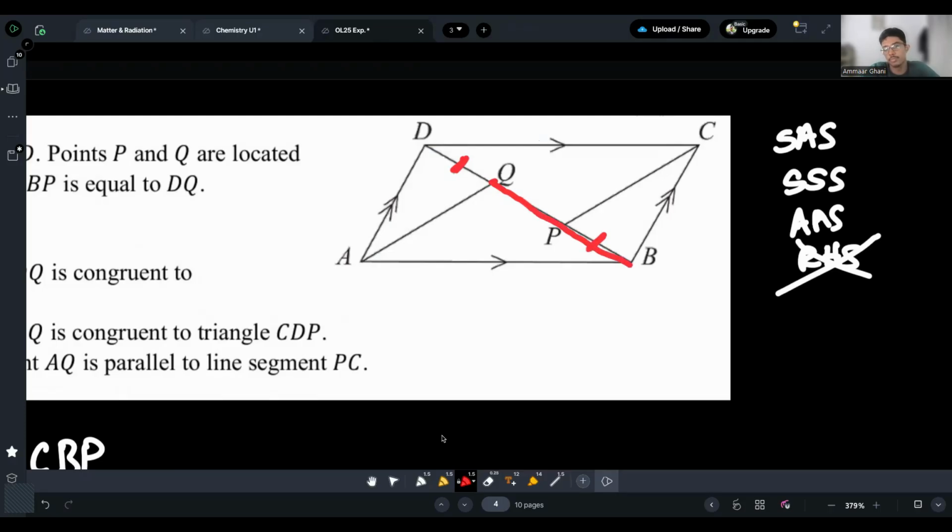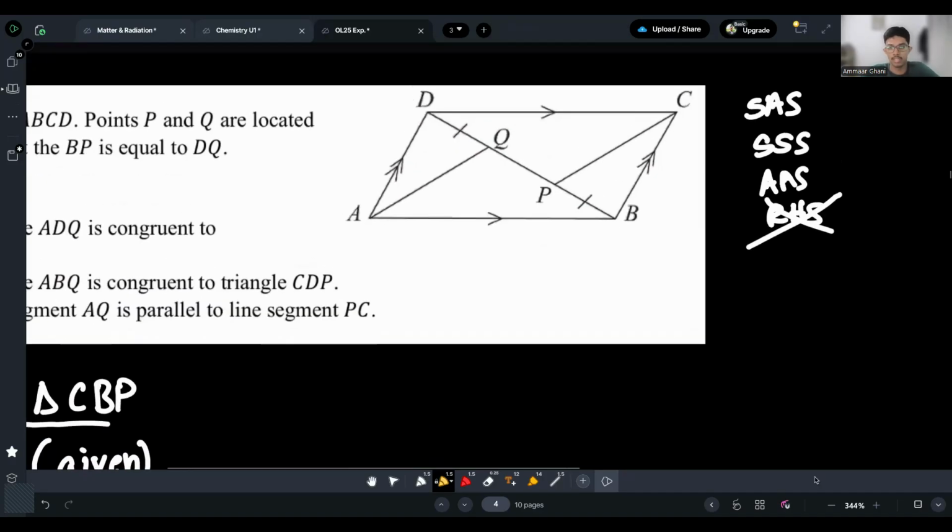DP plus PQ is the side of this triangle and DQ plus PQ is the side of the other triangle. PQ is common for both triangles while these both are equal. So we can use axioms to prove that this side and this side are equal. So let us do it in the proving part. Let us now go to the answering.